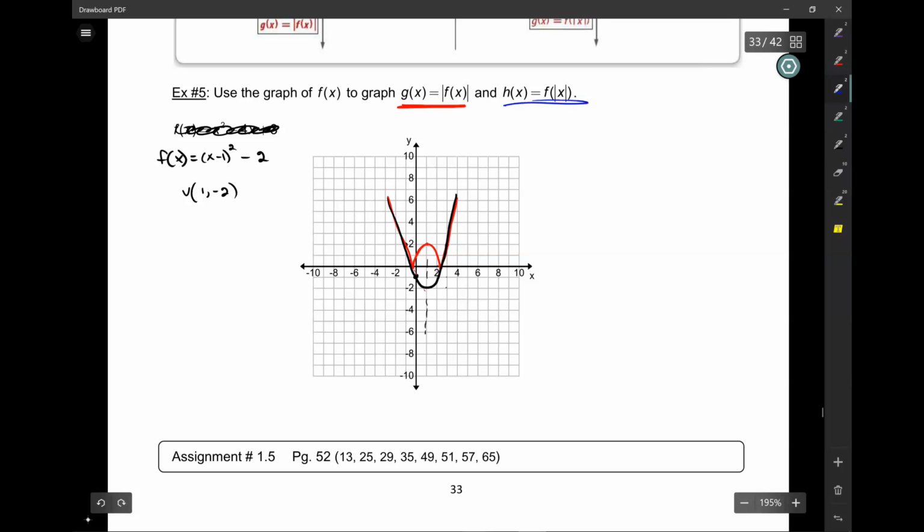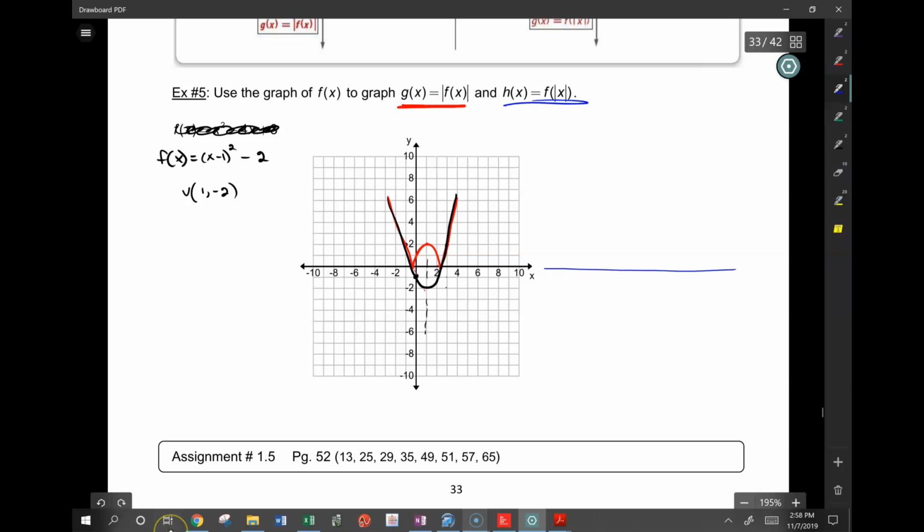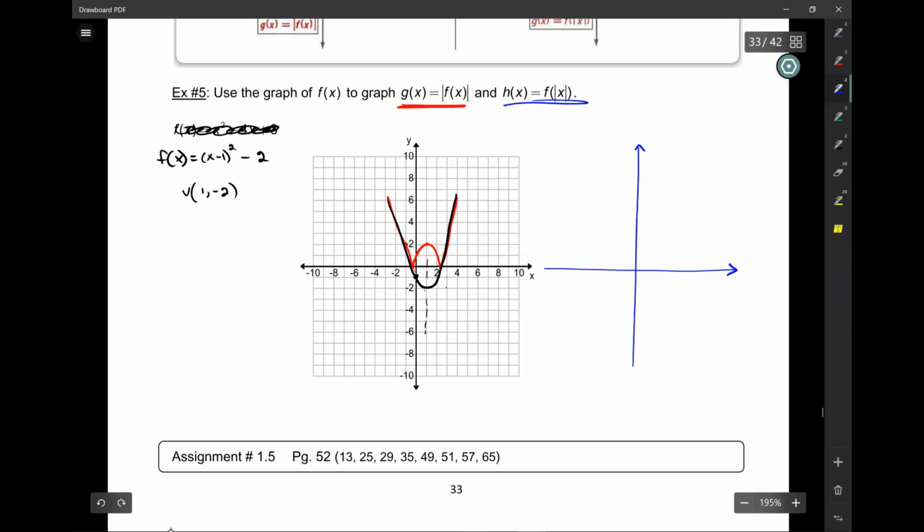Okay, so for this one, I'm actually going to make another coordinate axis here. Okay, so now here's what we're going to do. For this one, you take everything on the positive x-axis, right? Everything in the positive x-axis, that is this.